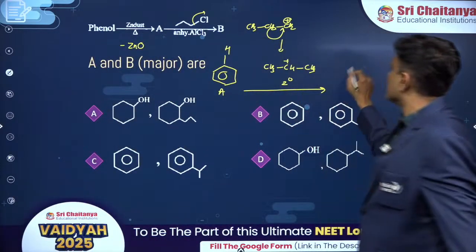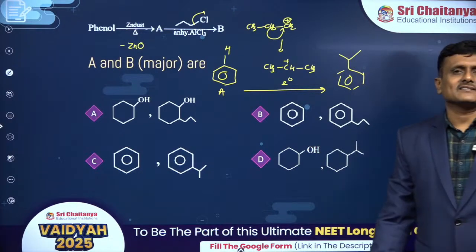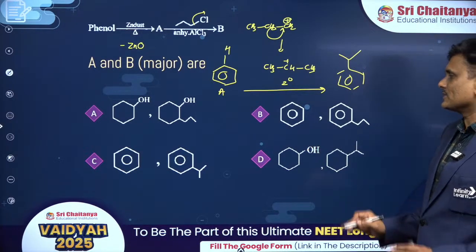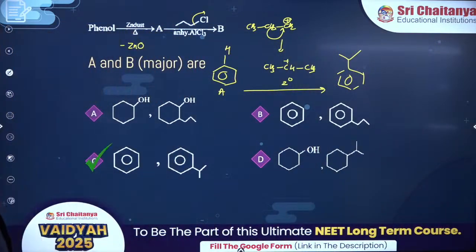Now benzene is attacked by this secondary to give you cumene. Isopropylbenzene is commonly called cumene. So what are A and B? Option C.